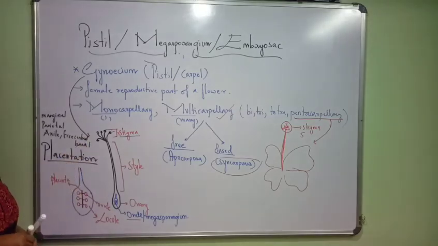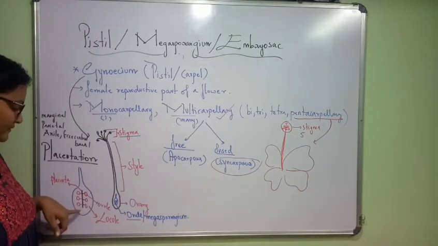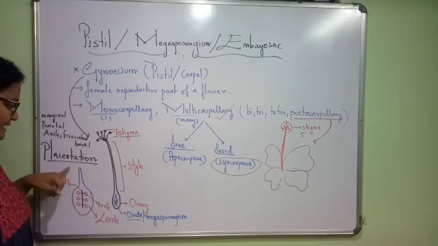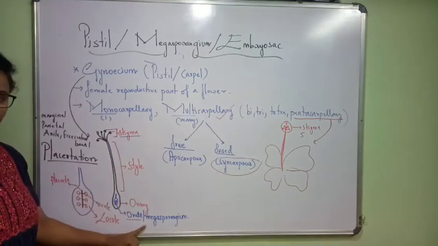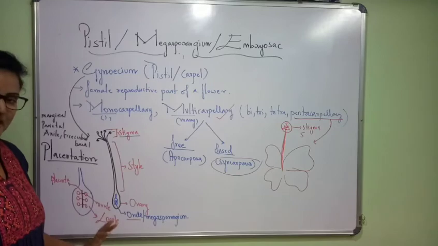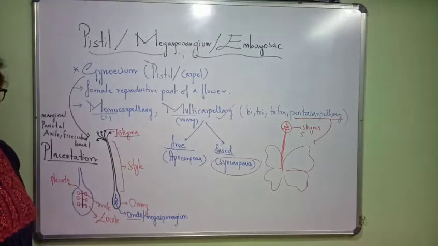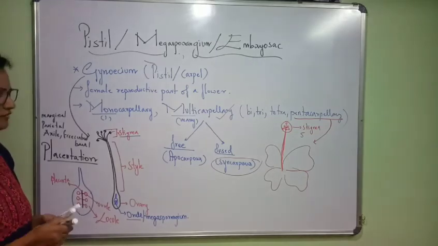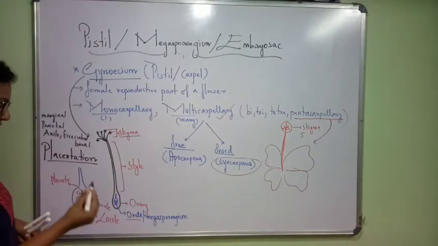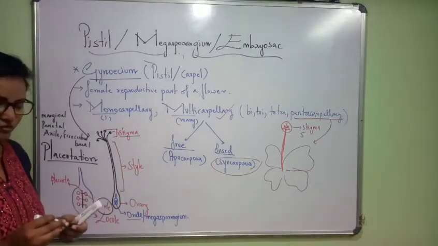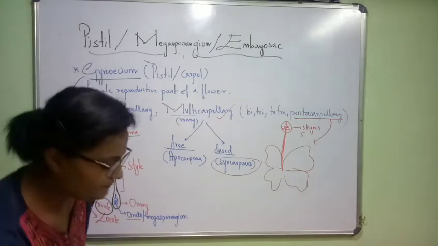These 5 types of placentation we studied in our first year. What is placentation? The arrangement of ovules within the ovary. A single ovule we call the megasporangium, the site of production of the female gametes of flowers. So this is the morphological structure of the female reproductive part of a flower. We'll study in detail the ovule structure, then we'll go on to megasporogenesis and development of the female gametophyte.